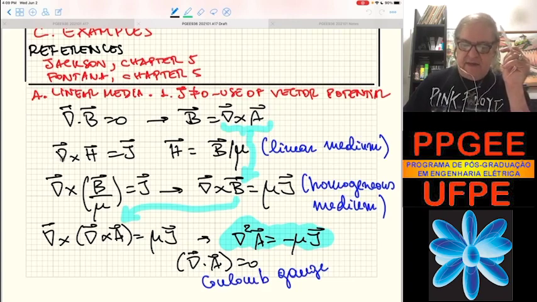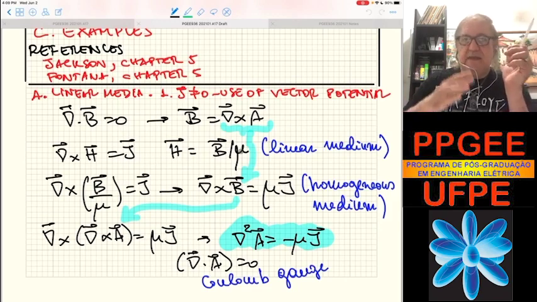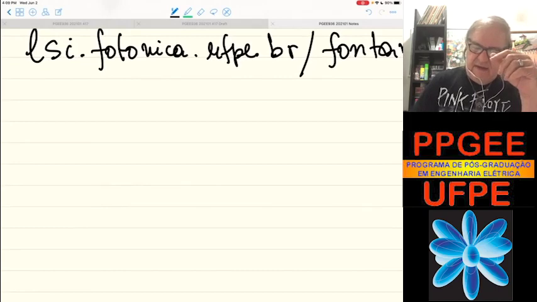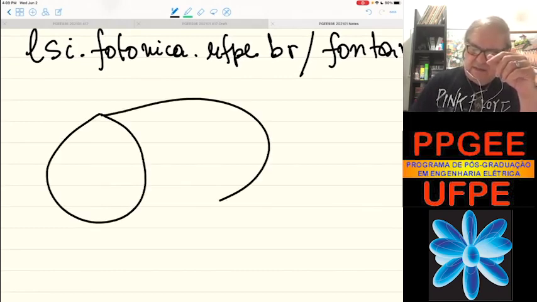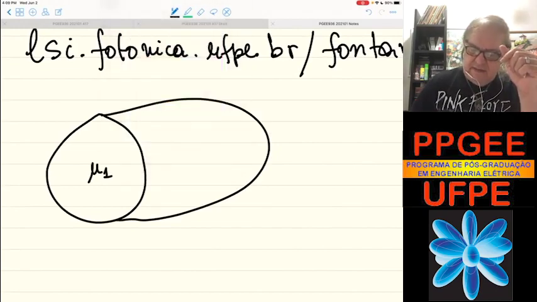At the same time, curl of H equals J, and given that we are talking about linear media, the media is described by a permeability. So this can be a piecewise situation. You can have two material media in contact with different permeabilities.